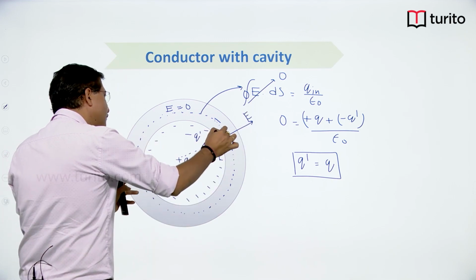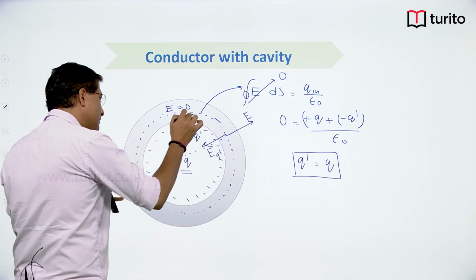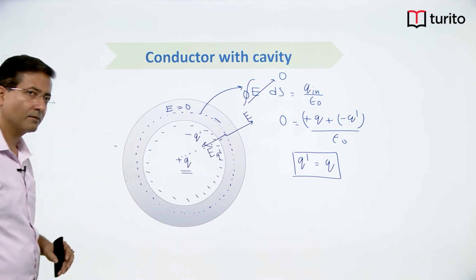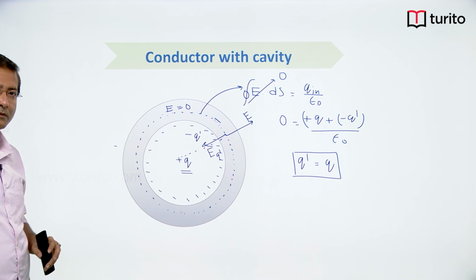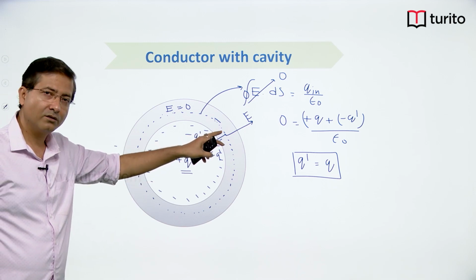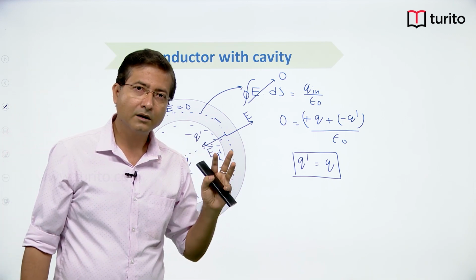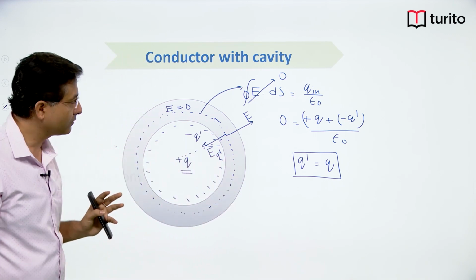Because once the net field here becomes 0, there is no further movement, and this whole thing will come into electrostatic condition.